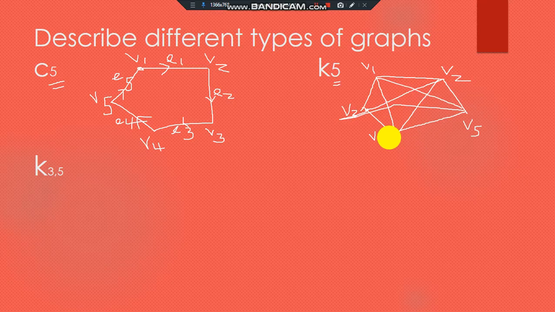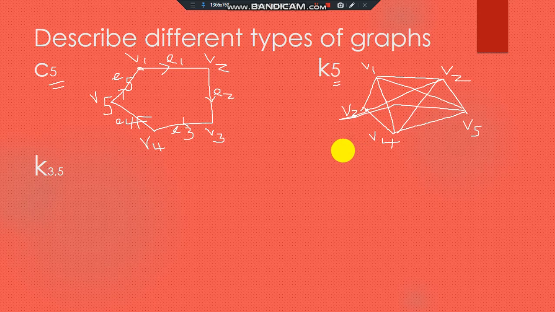Now again take V4: it is joined to V2, it is joined to V1, and I join it to V5. Similarly, V3 is joined to V1, V3 is joined to V2, V3 is joined to V5, and V3 is joined to V4. Okay. So what we understand here is that each and every vertex has an edge.